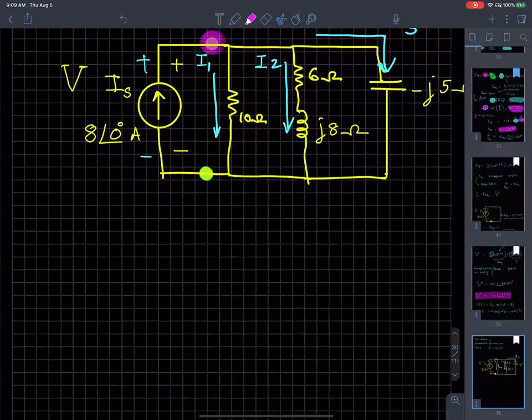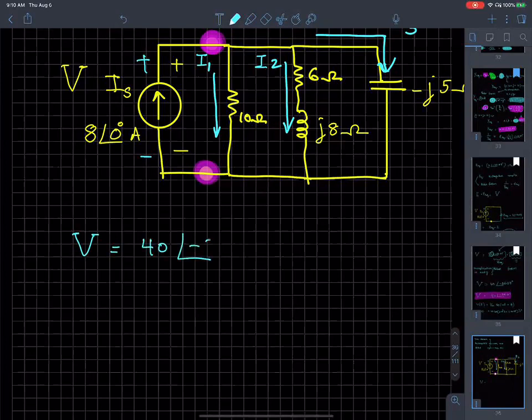I gave you the value for this voltage, right? The voltage V was given to be 40 angle negative 36.87 degree volts. How can you find the value of I1, the value of I2, and the value of I3?